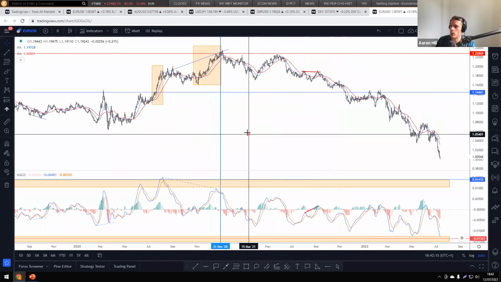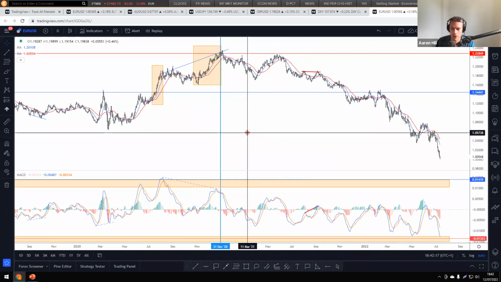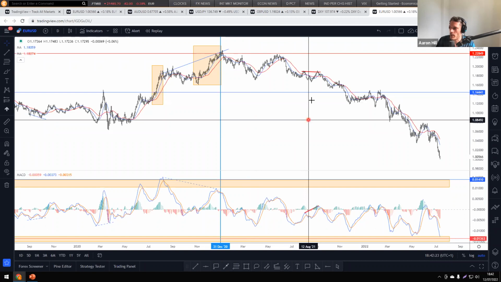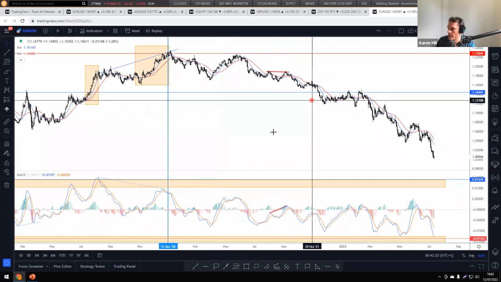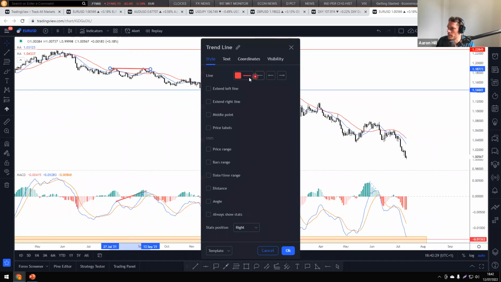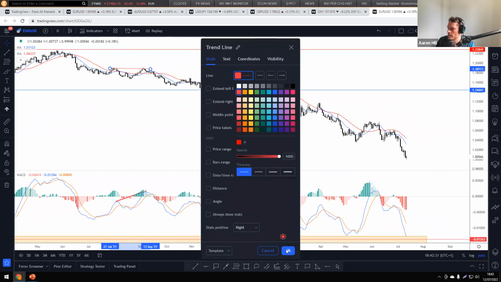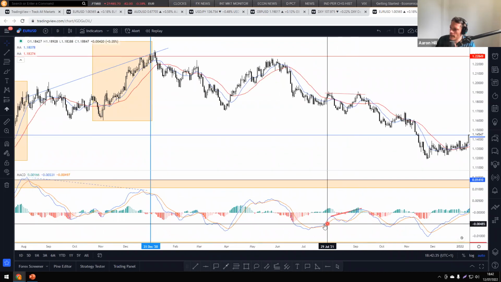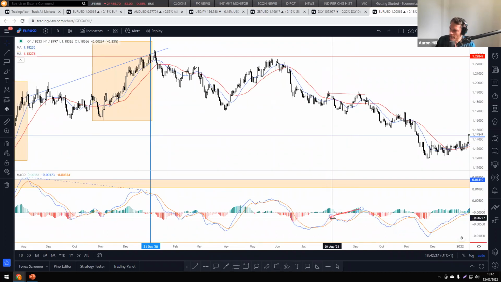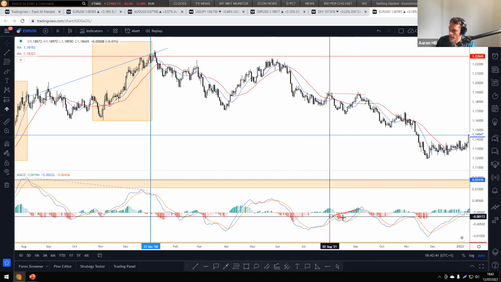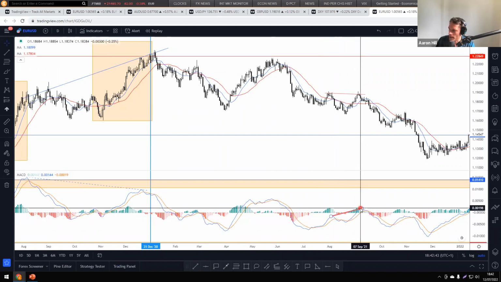There's also something called hidden bullish or bearish divergence. Hidden bullish or bearish divergence is a little bit different. Let me make this a little bit smaller because it's a little bit too big. Okay, as you can see on the chart, we have a higher high here and a higher high there. Higher high, higher low, higher high.